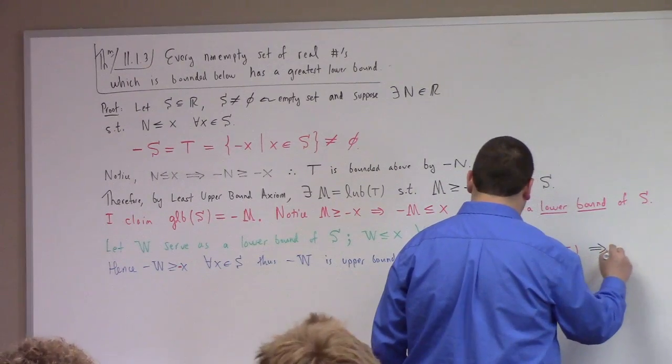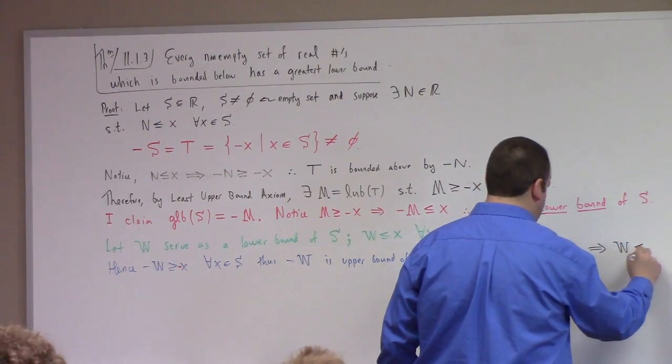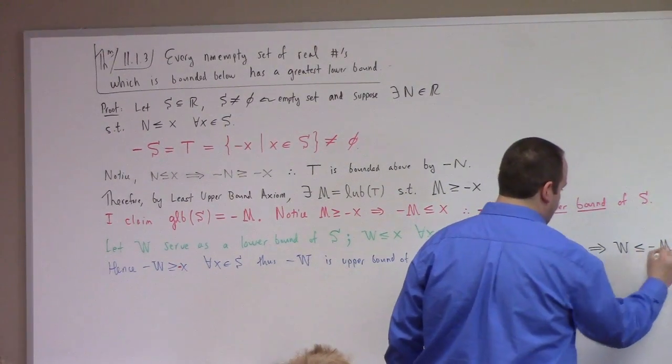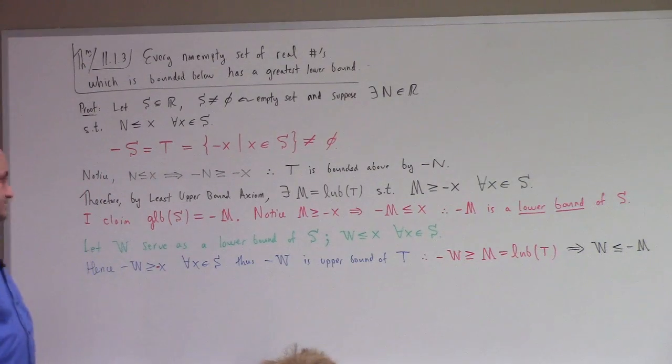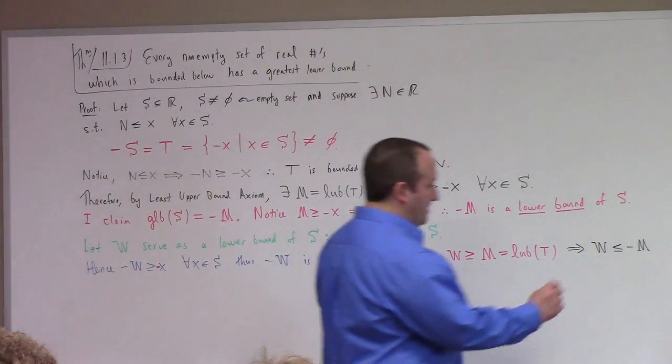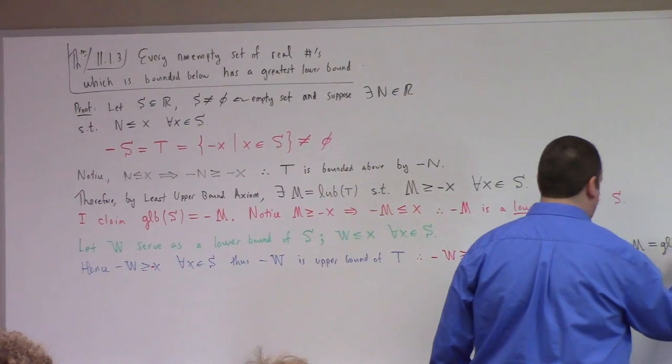This implies that W is less than or equal to minus M. Now I claimed that minus M was what? The greatest lower bound of S, right?